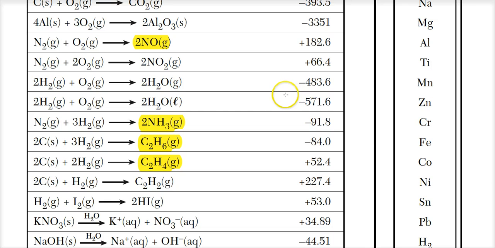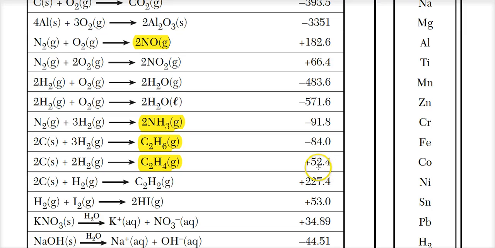Now if you look at the reactions that are given to you in your question, they don't do it per 1 mole, so they're doing it exactly as written. So of my four choices, NO is positive 182.6 and NH3 is negative 91.8 for two of them as written. C2H6 is negative 84.0 and C2H4 is positive 52.4.